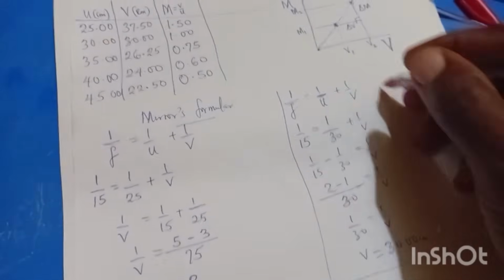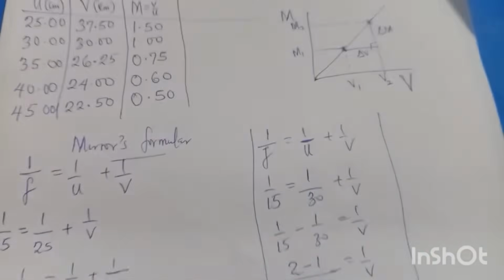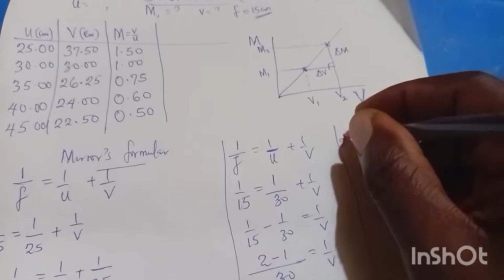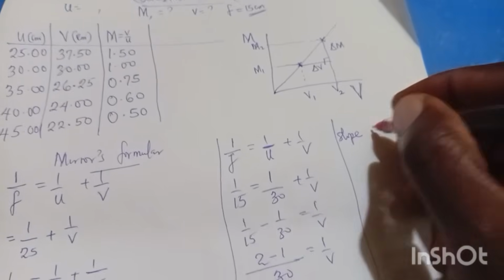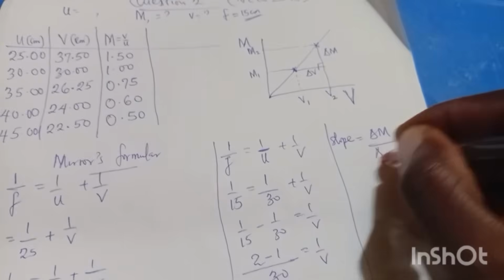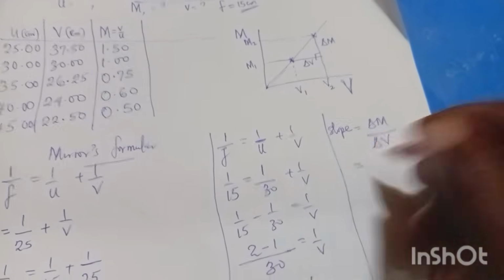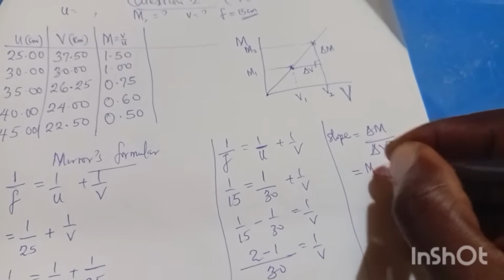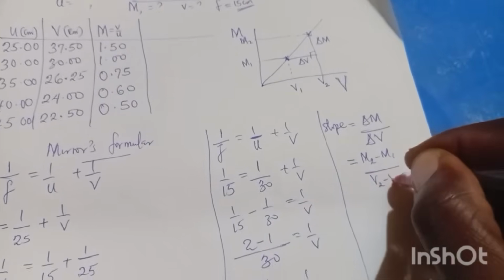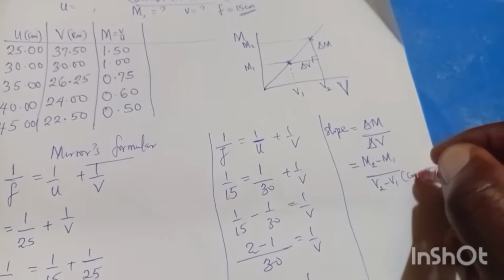So slope is change in m over change in v, that is m2 minus m1 over v2 minus v1, in centimeter.